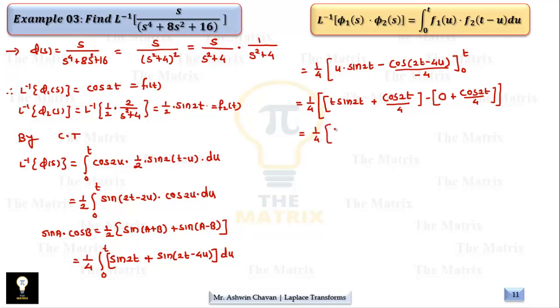So it's t sine 2t plus 1 by 4 times cos 2t minus 1 by 4 times cos 2t. So cancellation will happen here. The remaining part is only 1 by 4 t into sine 2t. So the given function's inverse Laplace transform is t sine 2t whole divided by 4.